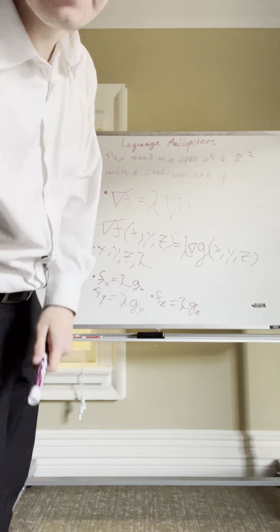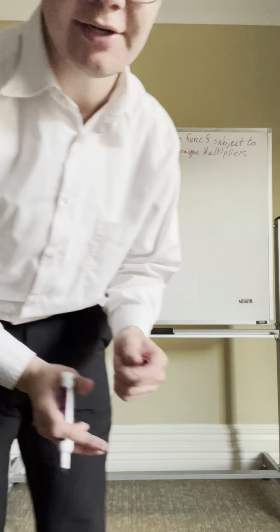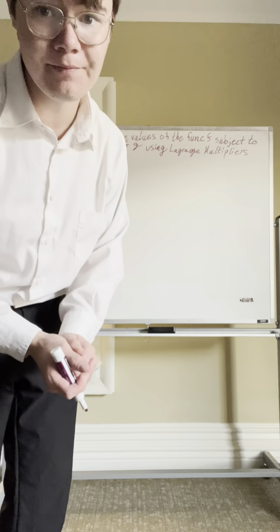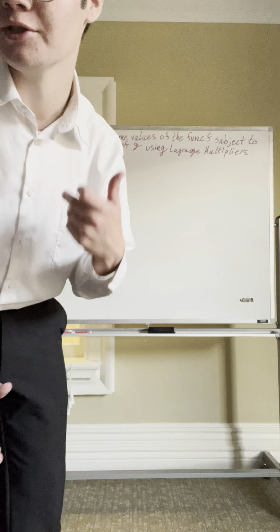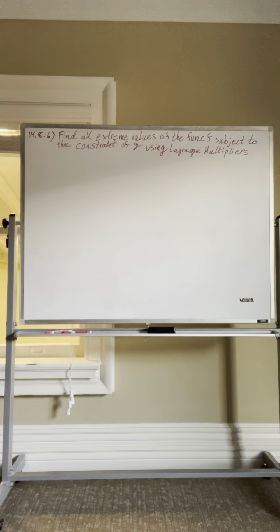Okay, and those are the equations we're going to be using to find the values of lambda and then eventually x, y, and z. Okay, I've got the equation set up here. I've got the question set up here, and this is going to be my first time running through this question. So we'll see how well we get it right.